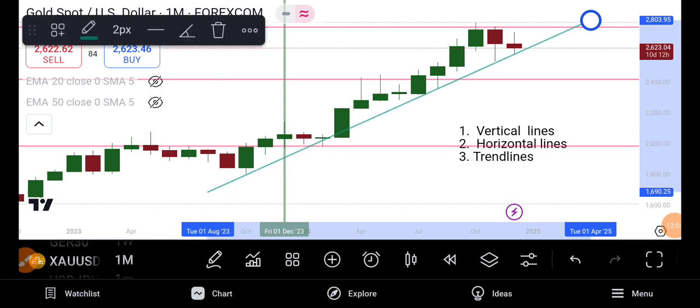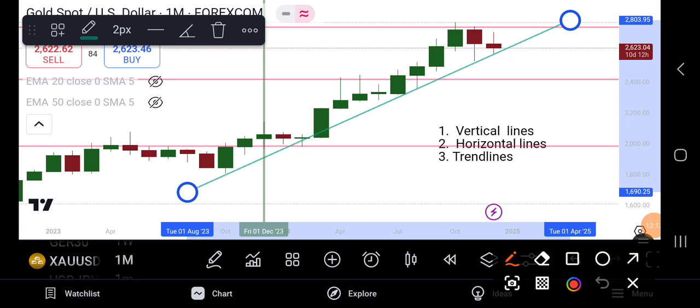If we're going to use the wicks, then this will be the first touch. That'll be the second touch. And this will be the third touch, if that makes sense.